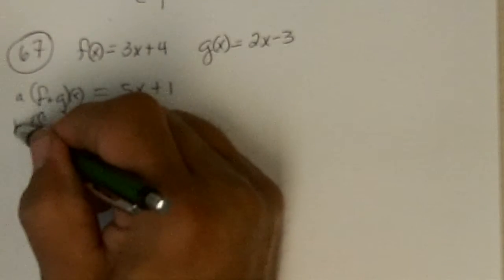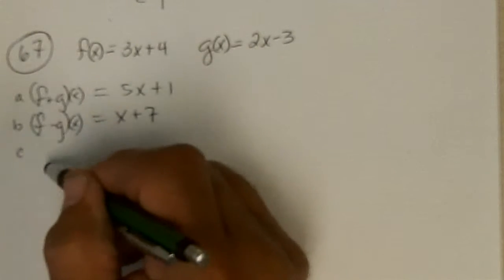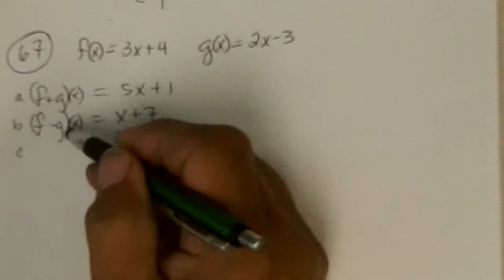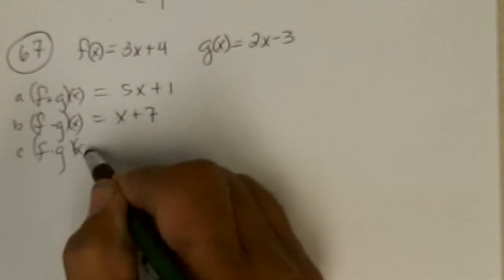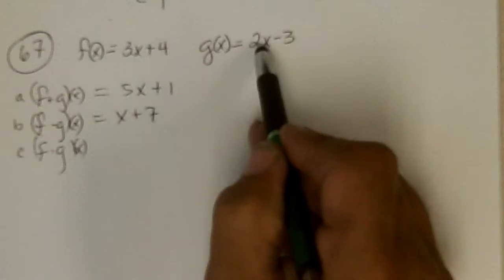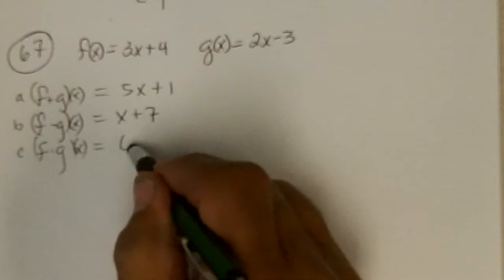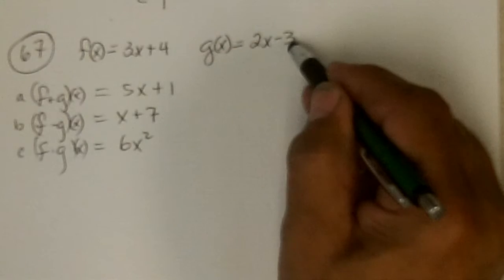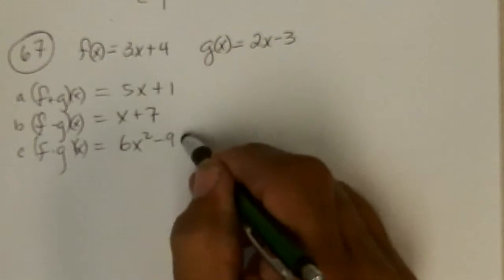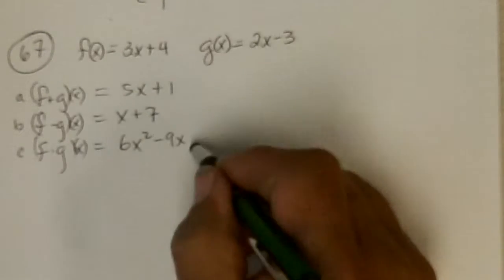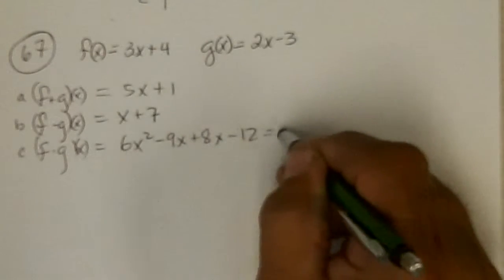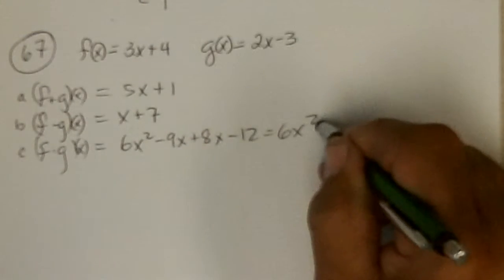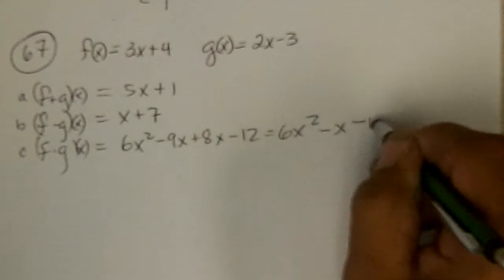That's A, that's B, C says f times g. So we multiply them. 6x squared plus minus 9x plus 8x minus 12, which is 6x squared minus x minus 12.